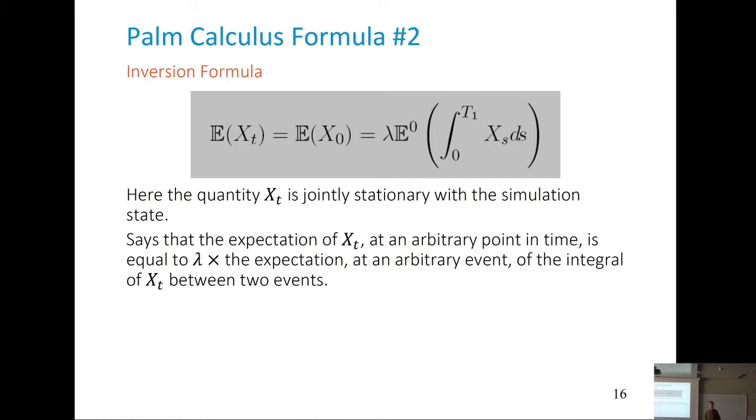And this is exact. If you do this, you have exactly the same two things. So the expectation of x averaged at an arbitrary point in time is the same as taking the time average between two typical transitions and rescaling by lambda.